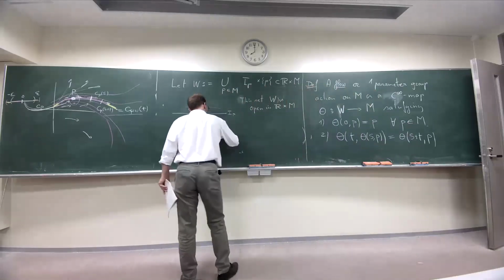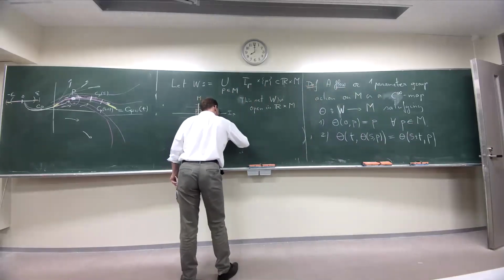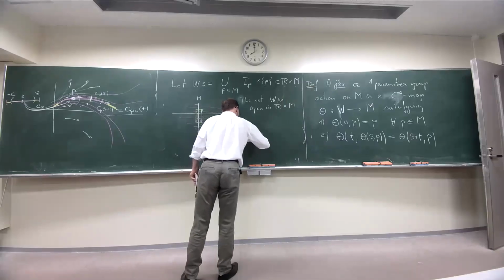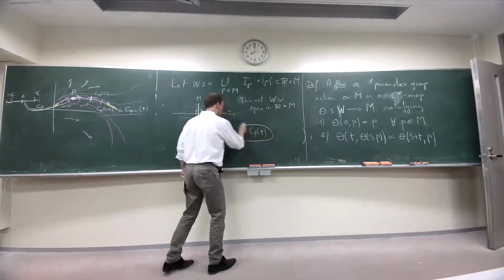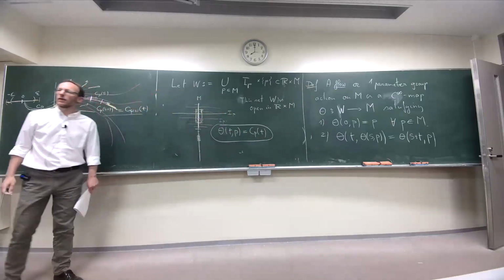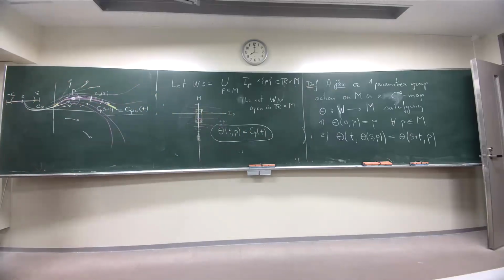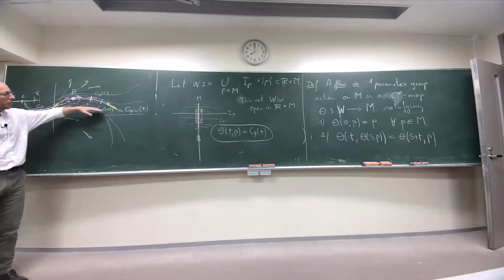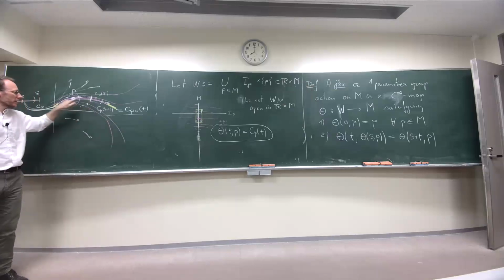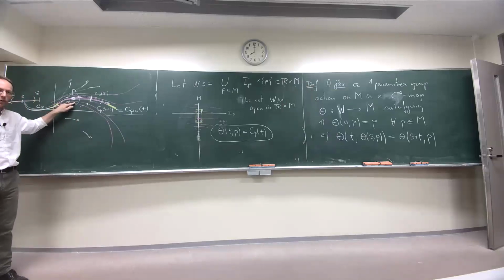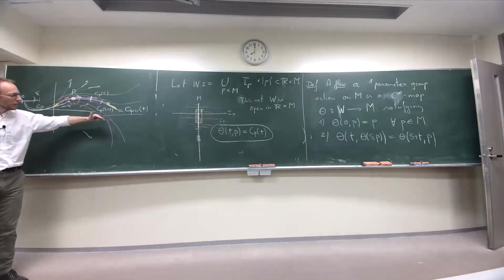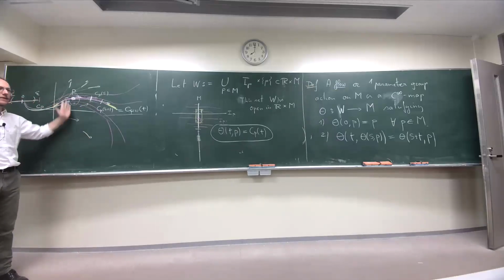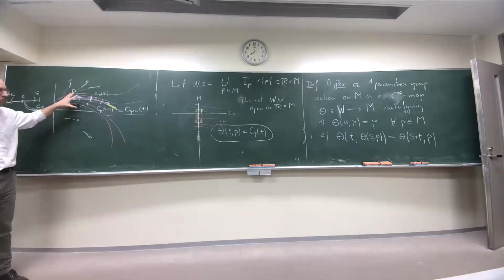In fact, theta of (T, P) is nothing but c_P of T. Why did I change the notation? I simply want to have more freedom because, look, before the P was an index related to the initial point. Now I want to have two coordinates.